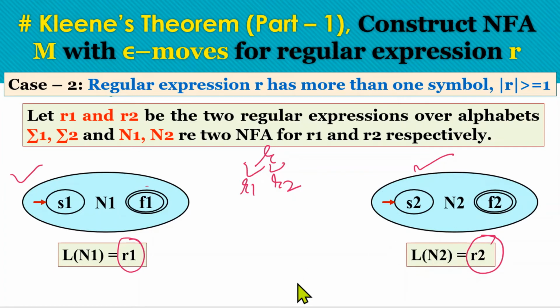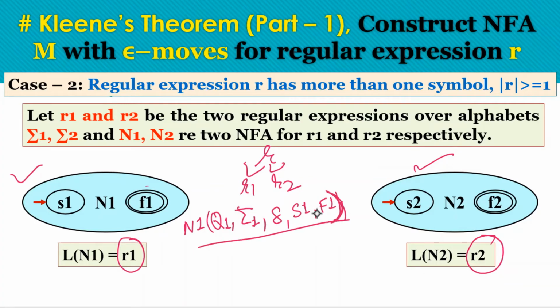Or we can define all the tuples of N1. So N1 is defined with Q1 as the set of states, sigma 1 as the set of input symbols. We are using notation 1 for all the tuples of machine 1. The transition function is delta 1, the start state is S1, and the set of final states is F1. So these are the tuples for the machine N1.